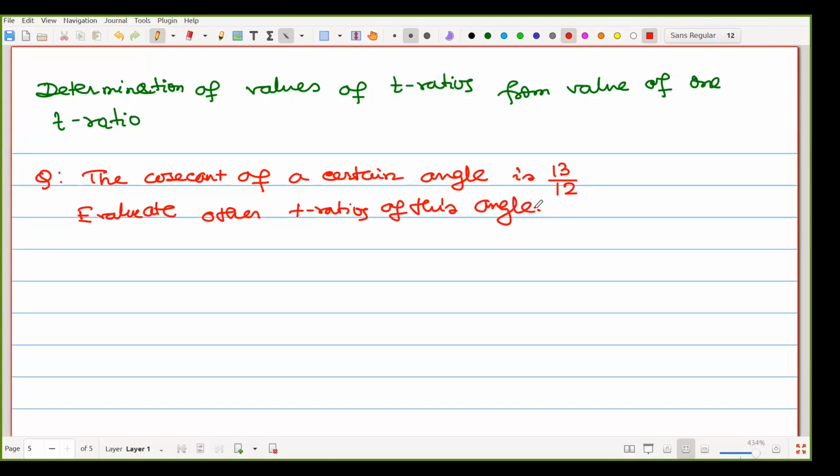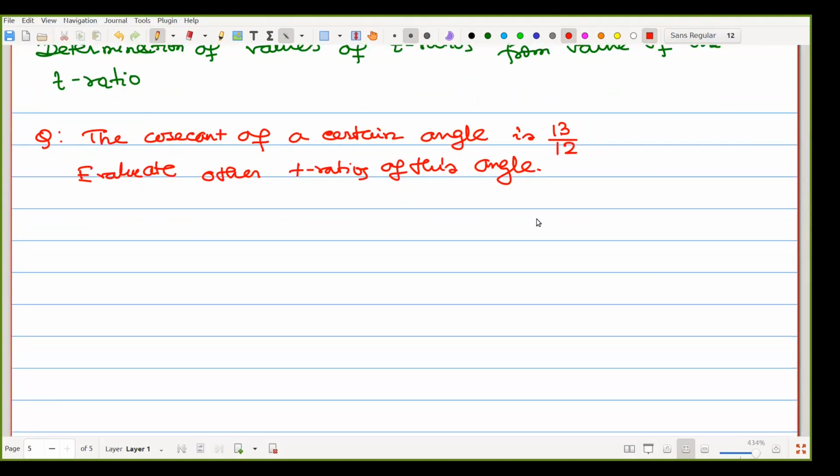And for that, we have to find out a right angle triangle. So suppose we are drawing a right angle triangle like that. And from here, we should find the other trigonometric ratios.